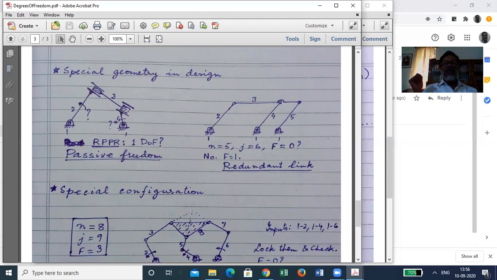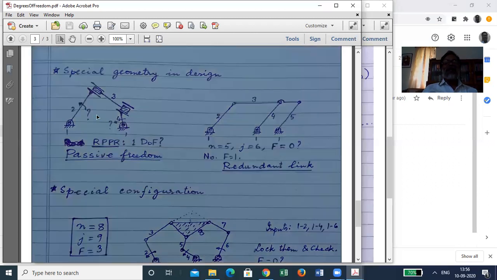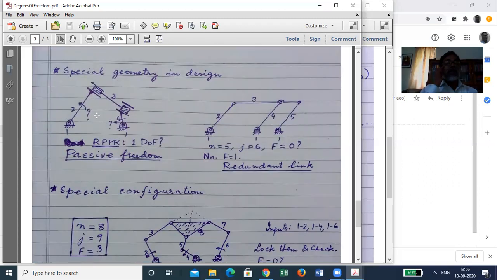And this is a passive freedom. So if you consider link 2 as input and link 4 as output link, then there is no connection between the input and output, and the coupler link on its own is going on executing free motion, which has nothing to do with any other link.